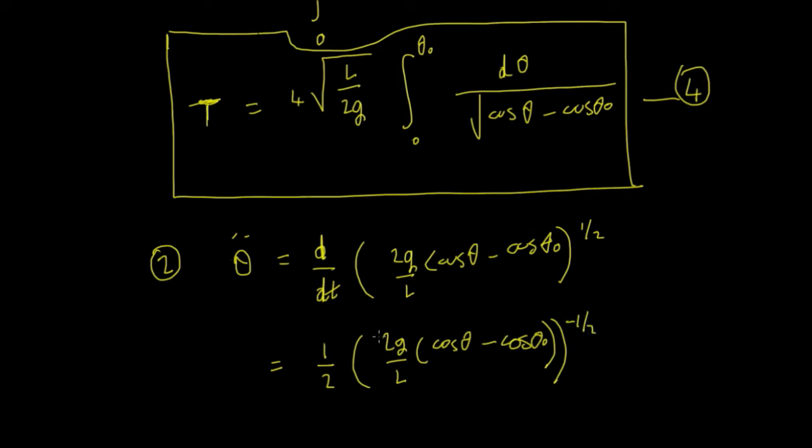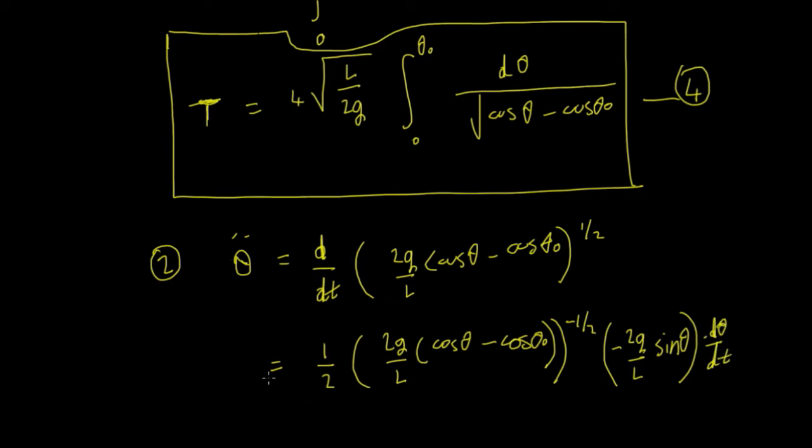Then we differentiate what's inside the bracket. We're differentiating with respect to time, so we're not interested in the theta naught, just the theta term. Cos becomes minus sine, so it's minus 2g upon L sine theta, all times, because of the chain rule, d theta by dt.